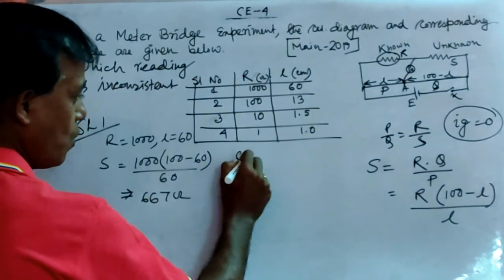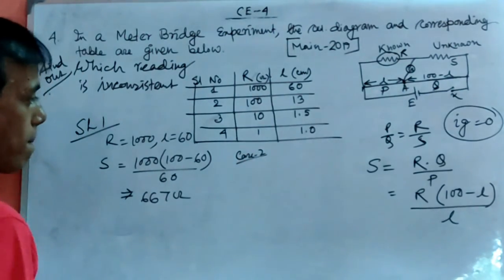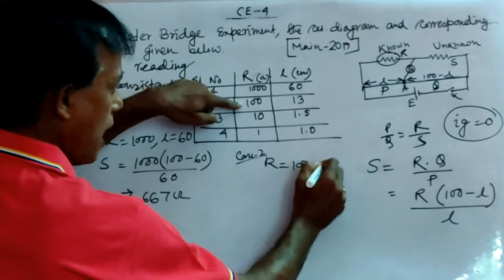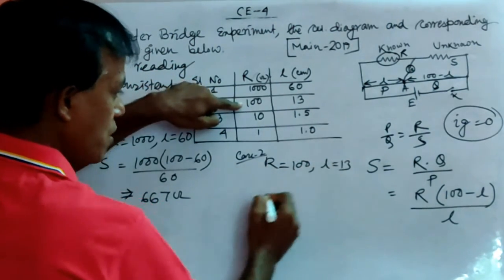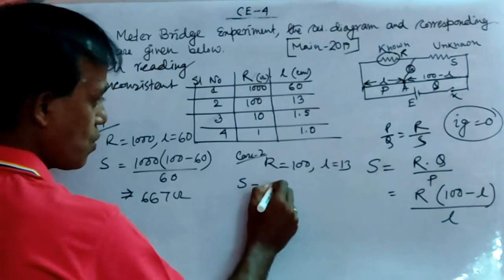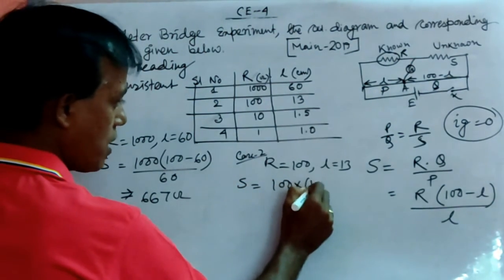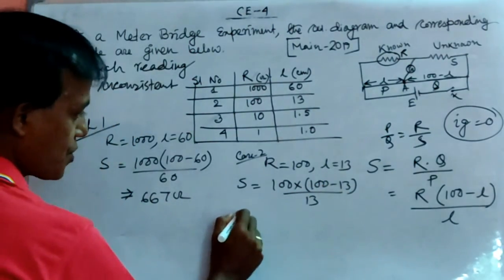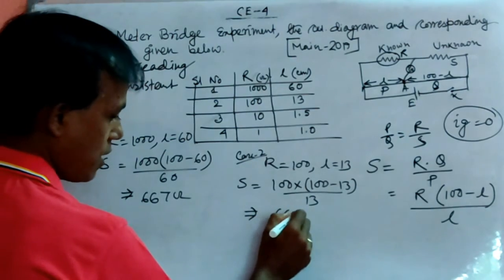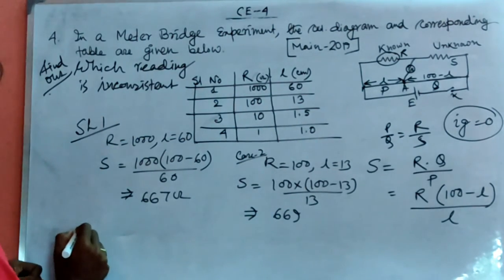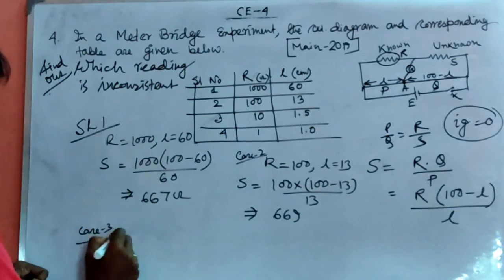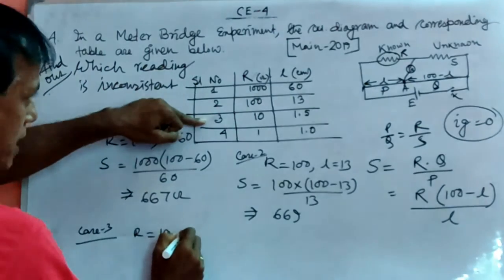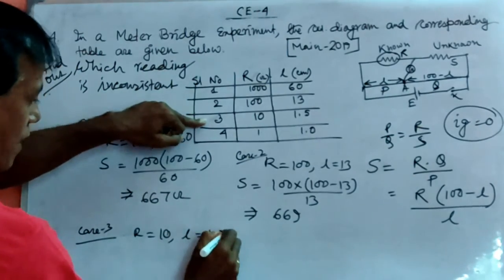Now case 2, serial number 2, R is equal to 100 ohms and L is equal to 13. So S is equal to 100 into (100 minus 13) by 13. It comes 669. Now case 3. In this reading, R is equal to 10 ohms and L is equal to 1.5.